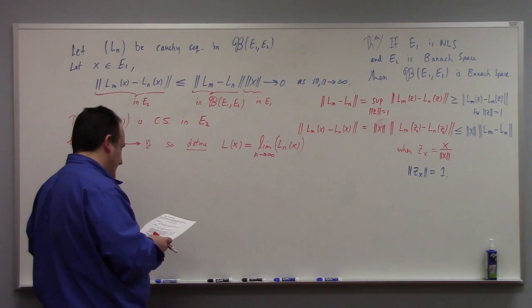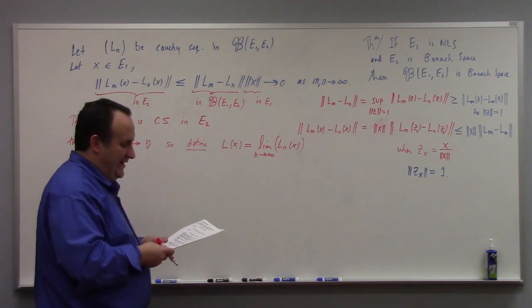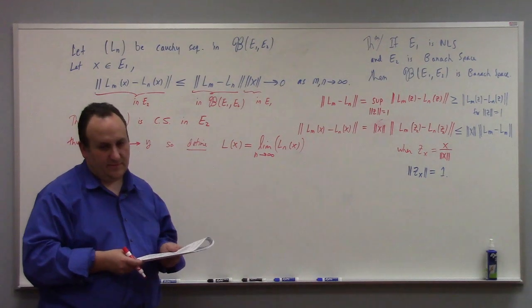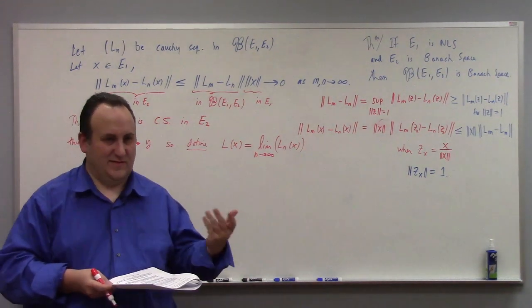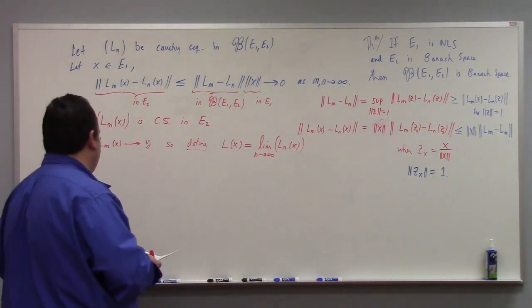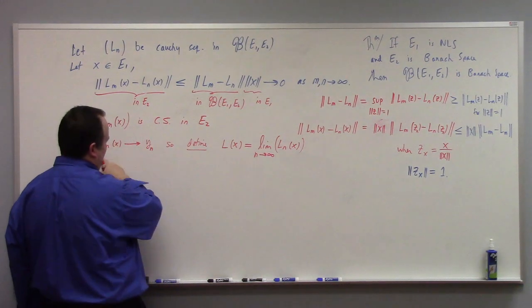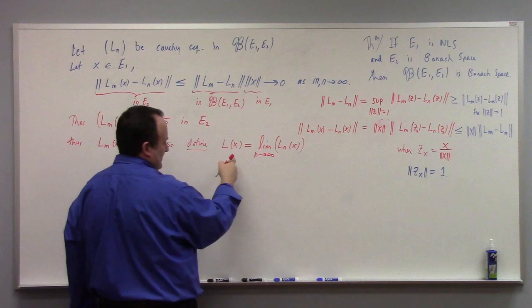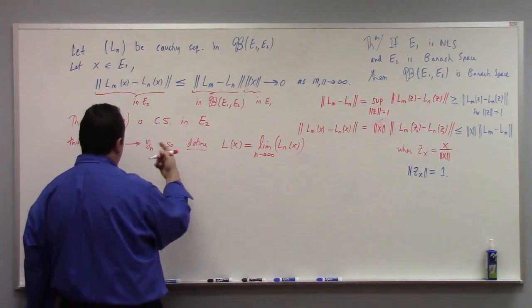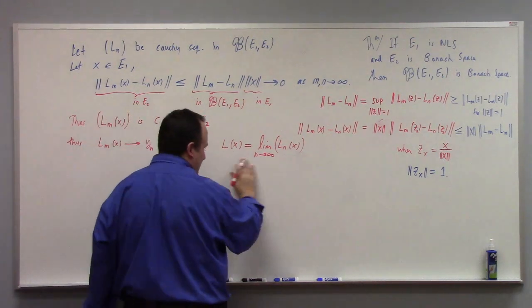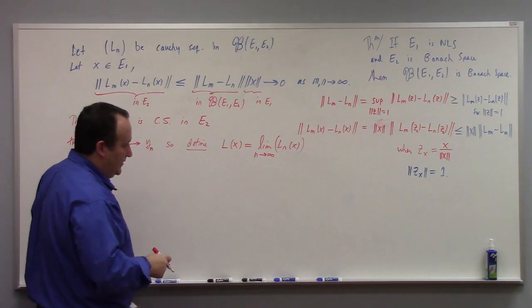I mean, you could put an n onto the y if you wanted, to make it seem less odd. Basically you're saying that's the yn, and take the limit as n goes to infinity. Anyway, this defines L.